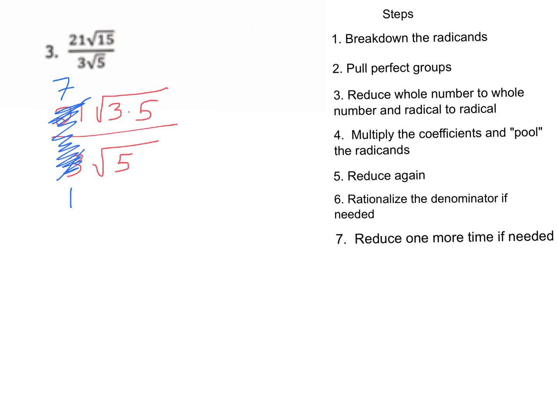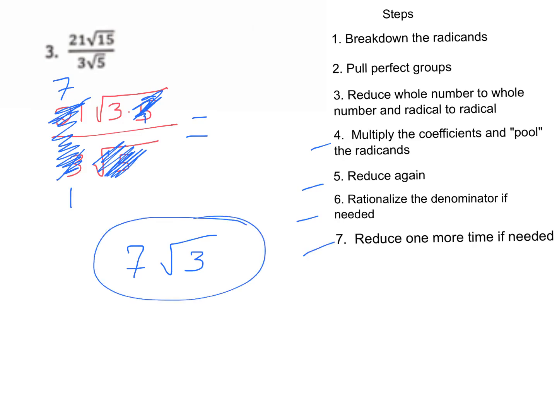Okay, so that makes life a little easier. I can also cancel off a set of 5s. So after all that, I'm left with 7 radical 3 over 1, or just 7 radical 3. So now, multiplying coefficients and pool, no need to. Reduce, can't. Rationalize the denominator, not needed. And reduce, you can't. So there is that one.